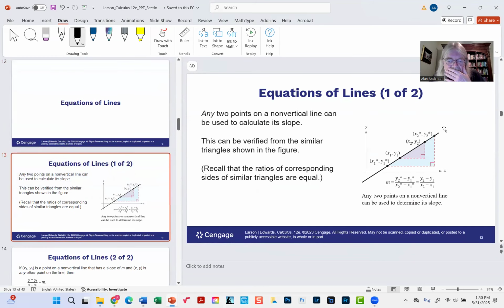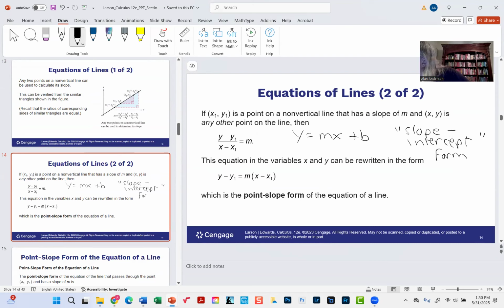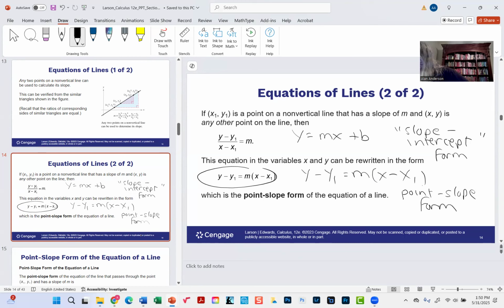All right, so then they're going to use this to help us derive the equation. Now, by the way, if you remember, most of the time for straight lines, we use the equation y = mx + b. It's sometimes called the slope-intercept form. This is the one that we're used to, but it's also possible to write an equation of a straight line like this. This is known as the point-slope form because it contains the slope and it contains the point (x1, y1).